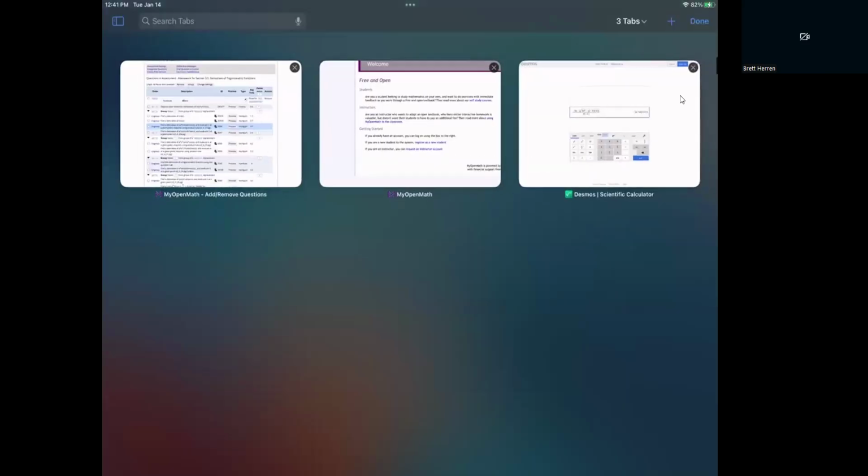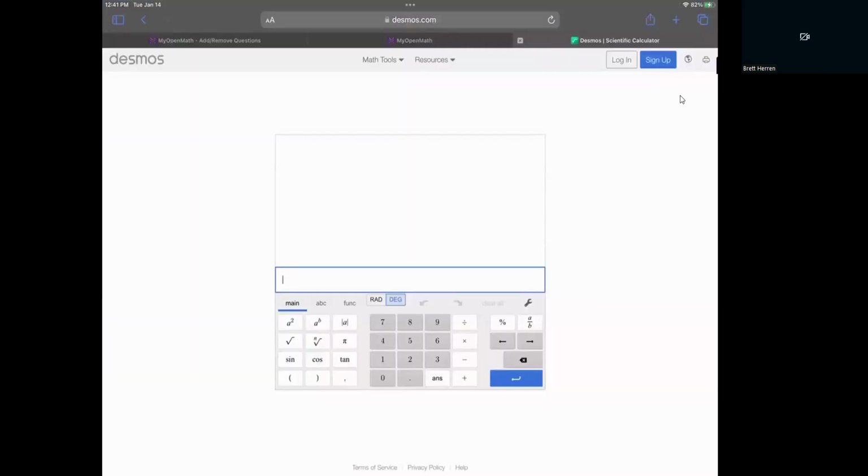Desmos, right here. And I'm going to type that in. Here we go. 6 sine of 5 pi over 6 minus 6 over cosine squared.